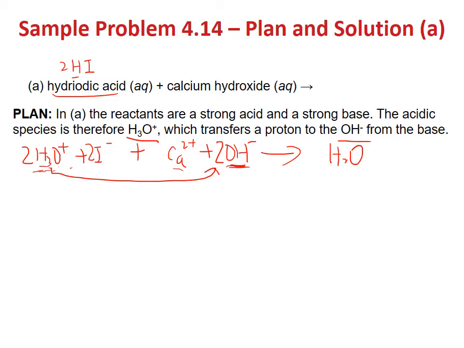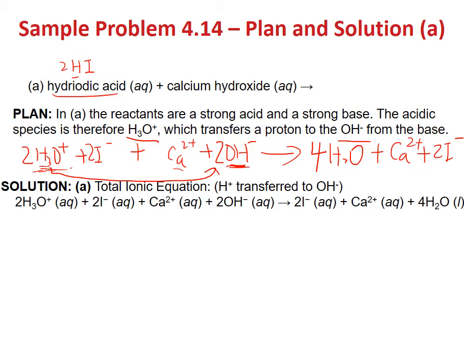Now, the two hydrogen ions, when they lose water, also form water molecules. So in total, you have 4 water molecules. 2 come from hydrogen ion, 2 come from hydroxide ion. And the spectator ions are calcium and 2 iodide. So that's the total ionic equation.